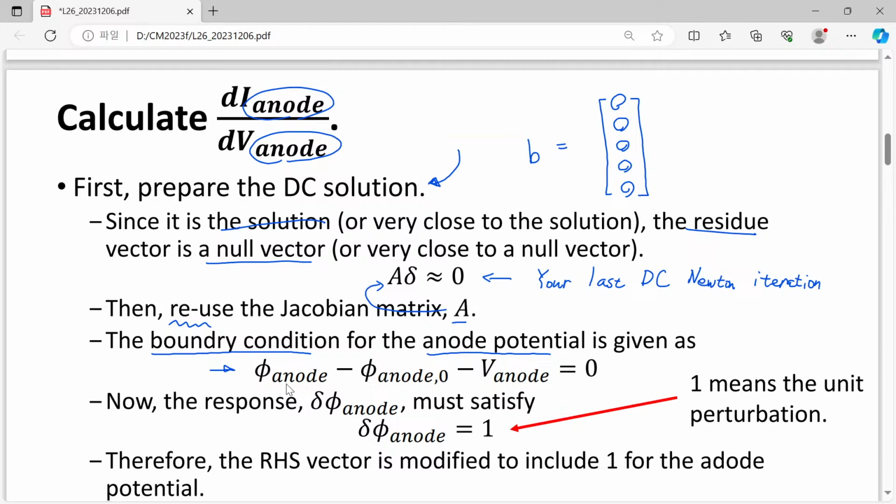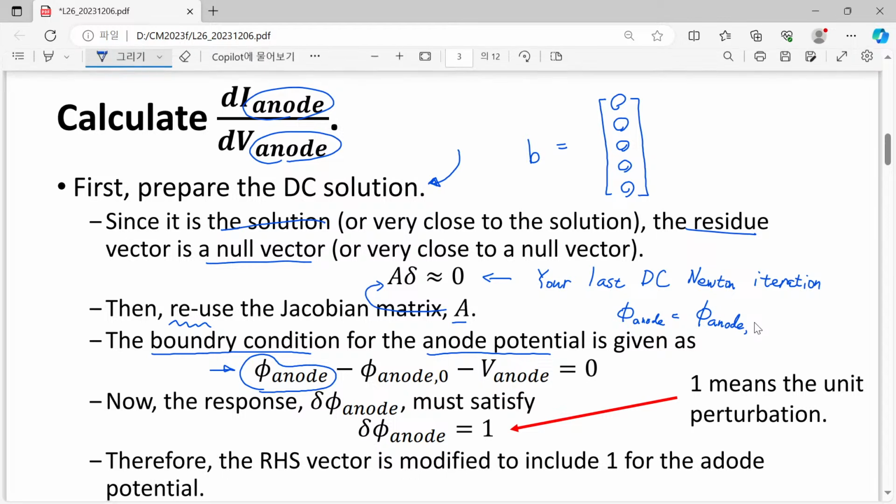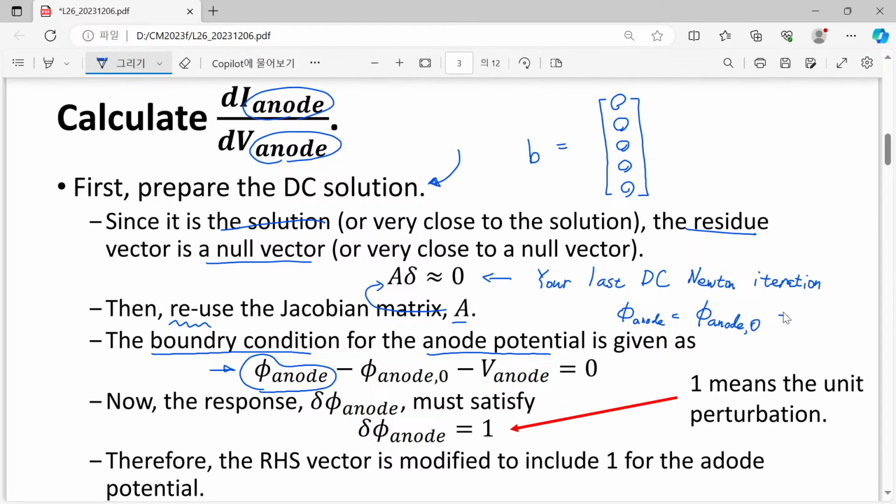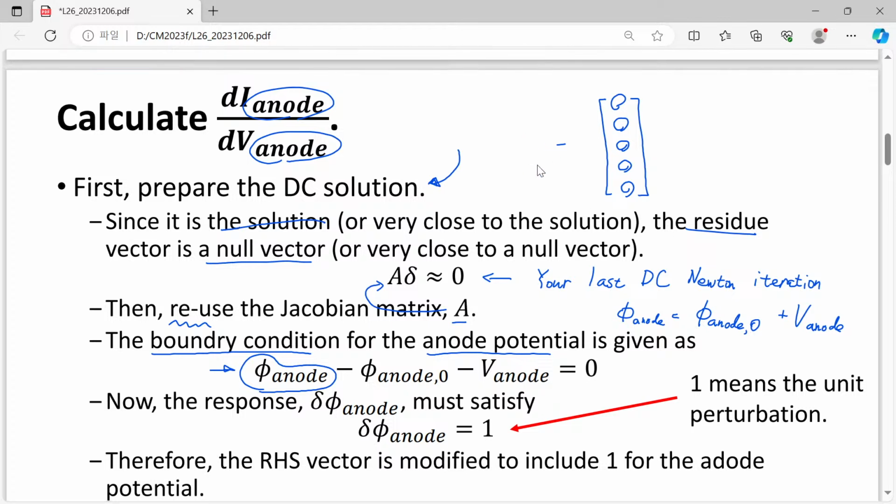It simply states that your anode potential, not the terminal voltage but the electrostatic potential at the node attached to your anode terminal, is given by its equilibrium value plus your applied anode voltage. That is written here. Now, let's say that you have the correct solution.